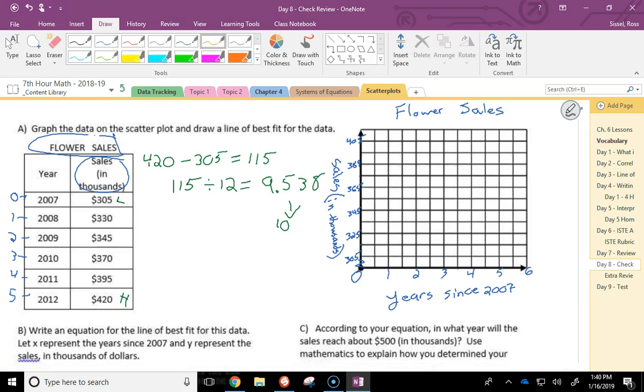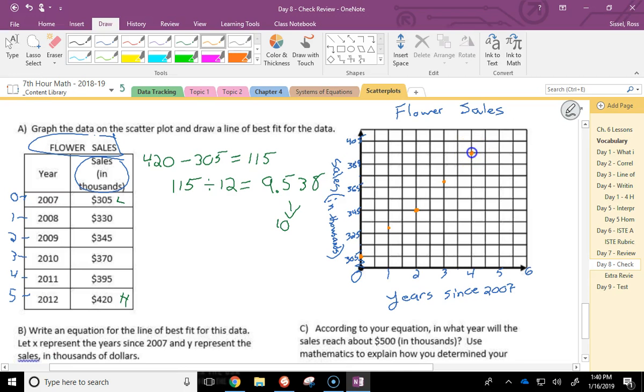Alright, now I'm going to go ahead and just put in my coordinate points here. In 2007, it was 305. In 2008, it was 330. 345. 370. 395.